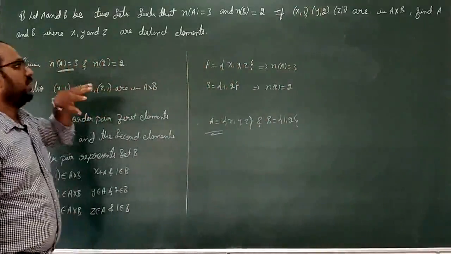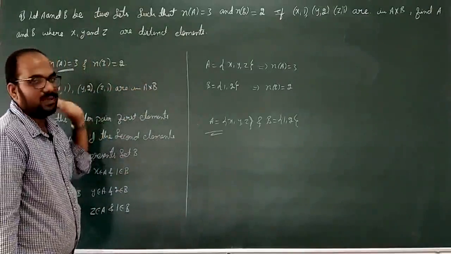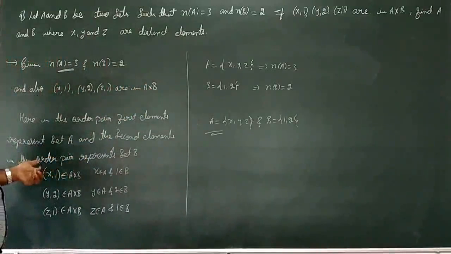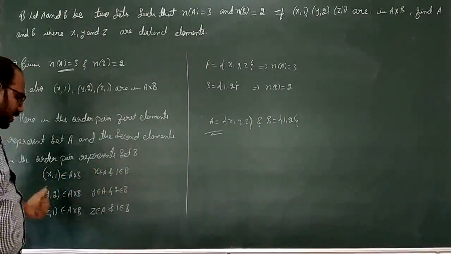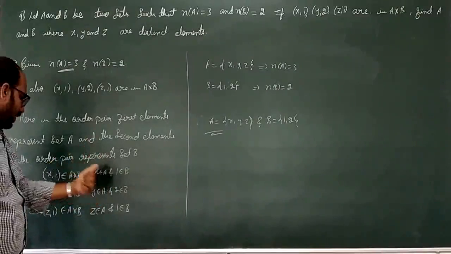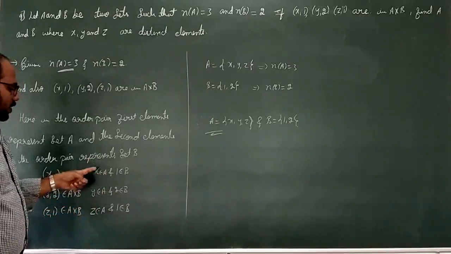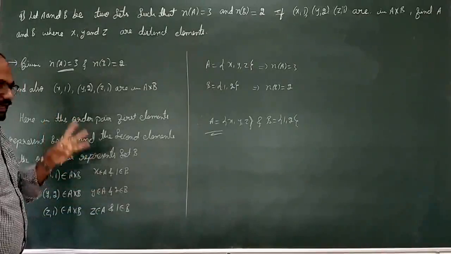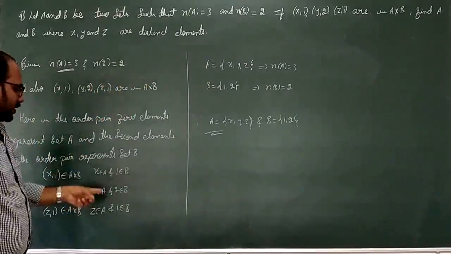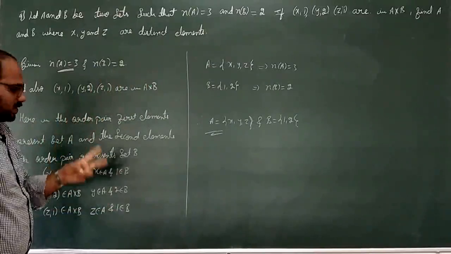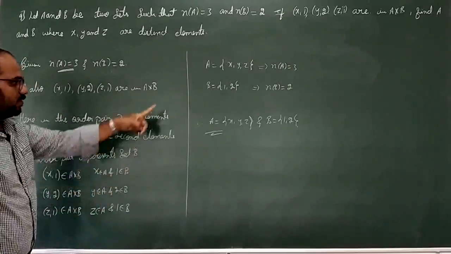In these ordered pairs, first elements always represent set A and second elements always represent set B. From that I am taking x belongs to set A and 1 belongs to set B. In the second ordered pair y belongs to set A, 2 belongs to set B. Similarly z belongs to set A and 1 belongs to set B. Therefore the number of elements in set A is 3. Here there are 3 different elements, so x, y, z are the elements of set A. The number of elements in set B is 2. Here there are 2 different elements, 1 is repeated 2 times, I have written it 1 time, and the other element is 2.